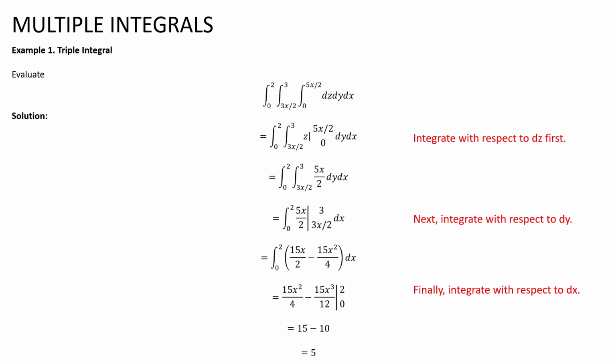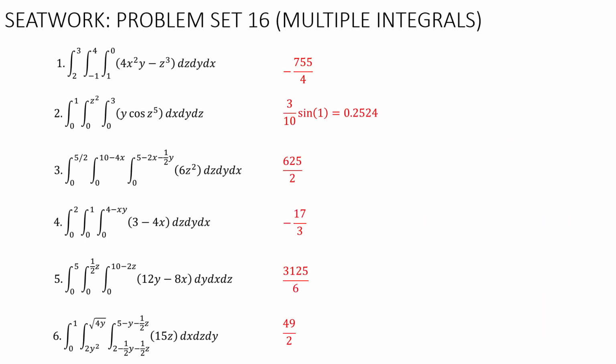And for additional items for you to review, this is the problem set that I was going to give, but you can take it as your review material. Those are the answers as well. Again, the variables may not necessarily be in alphabetical order.